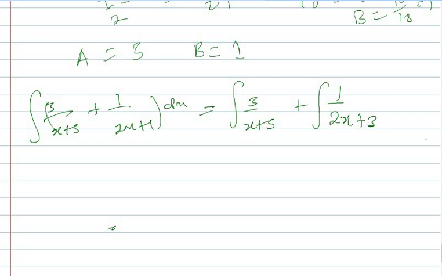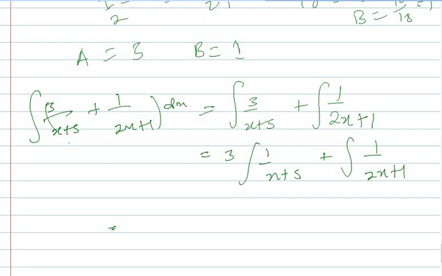So I can say 3 out, into 1 over x plus 5, and then plus 1 over 2x plus 1.